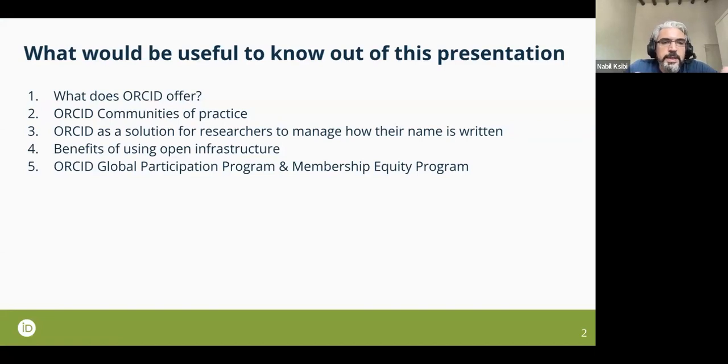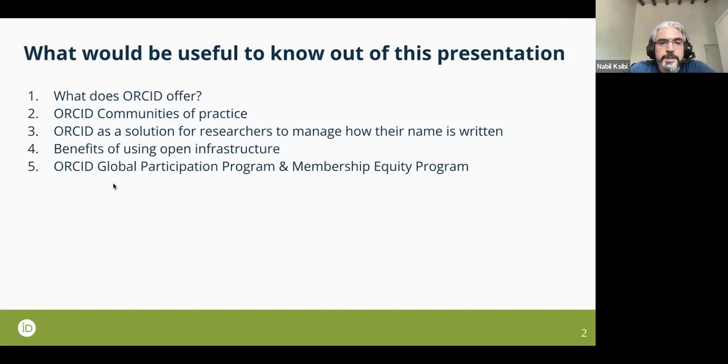I'm going to start with describing what ORCID is offering. Then secondly, I'm going to talk a little bit about ORCID communities of practice. Then we're going to look at how ORCID can be a solution for researchers to manage their name ambiguity, which we know is a common challenge in Arabic-speaking countries.